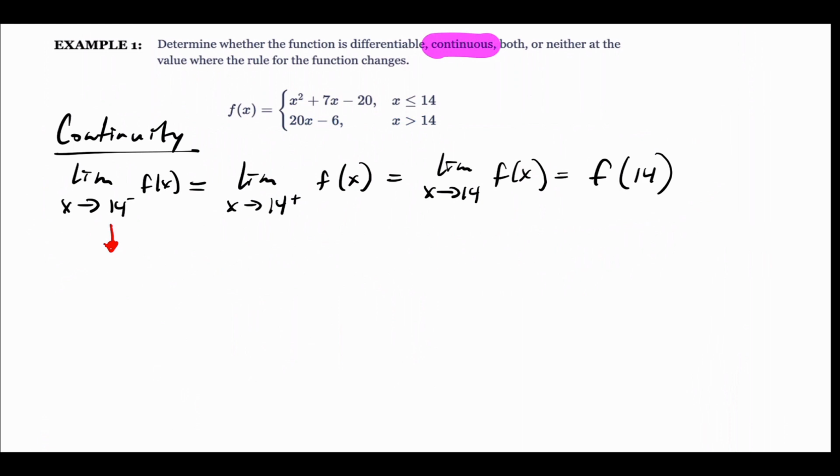I get 14 squared minus 7 times 14 minus 20. 14 squared is 196. 7 times 14, 8, carry the 2, 98. Minus 20, 98 minus 20 is 78.